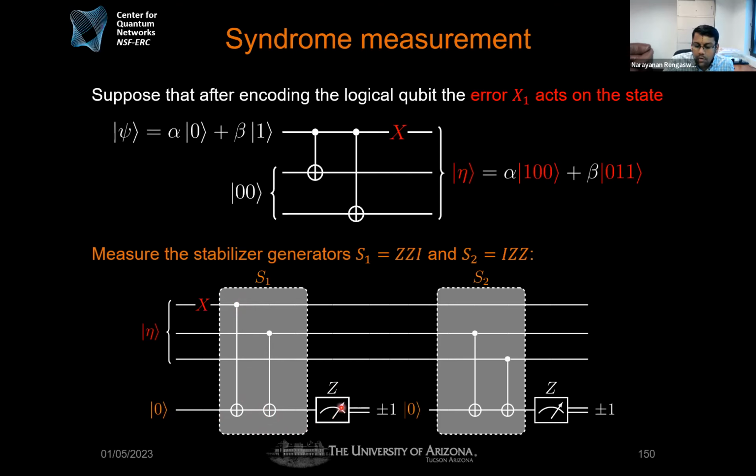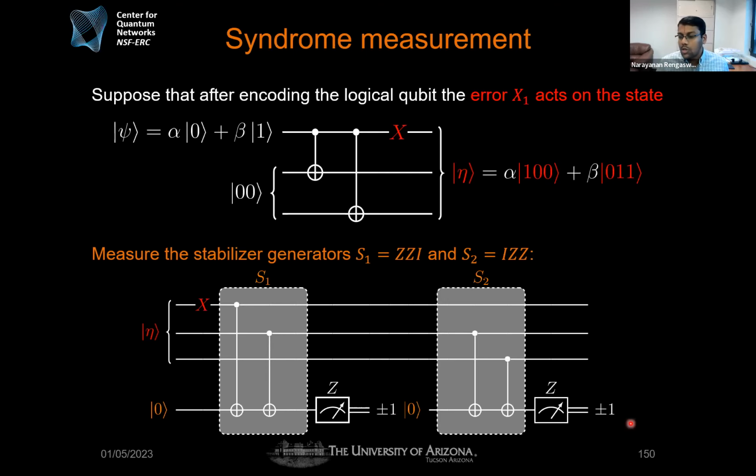And because it flips it, when you measure Z, you get a -1. And that's how you know something went wrong. Because if there was no error, when you measure these ancillas, you will get +1. And you can verify that later. But when you have an error, you can propagate the error through the circuit, and you will see that it flips the measurement result to -1. So whenever you get a -1 in one of these measurements, you know that something is wrong.